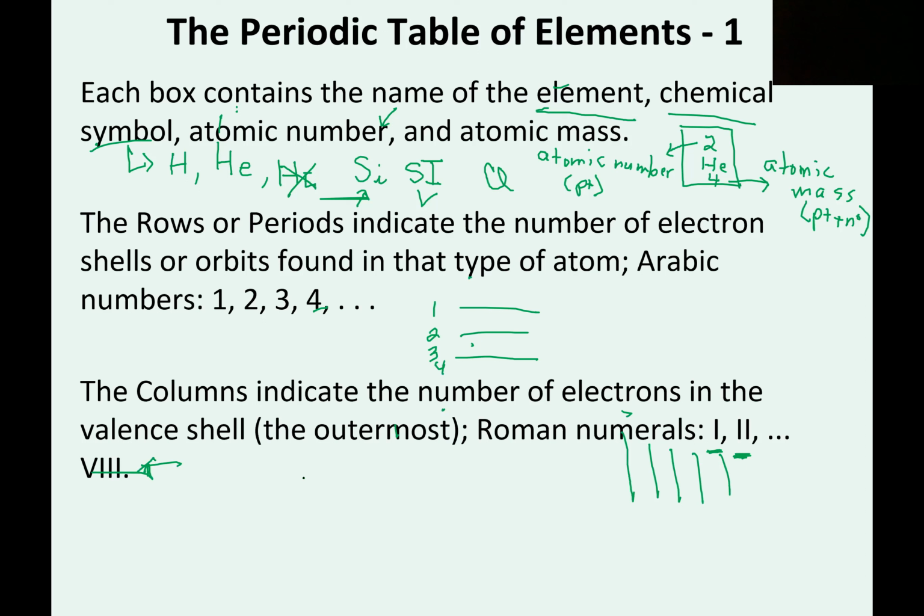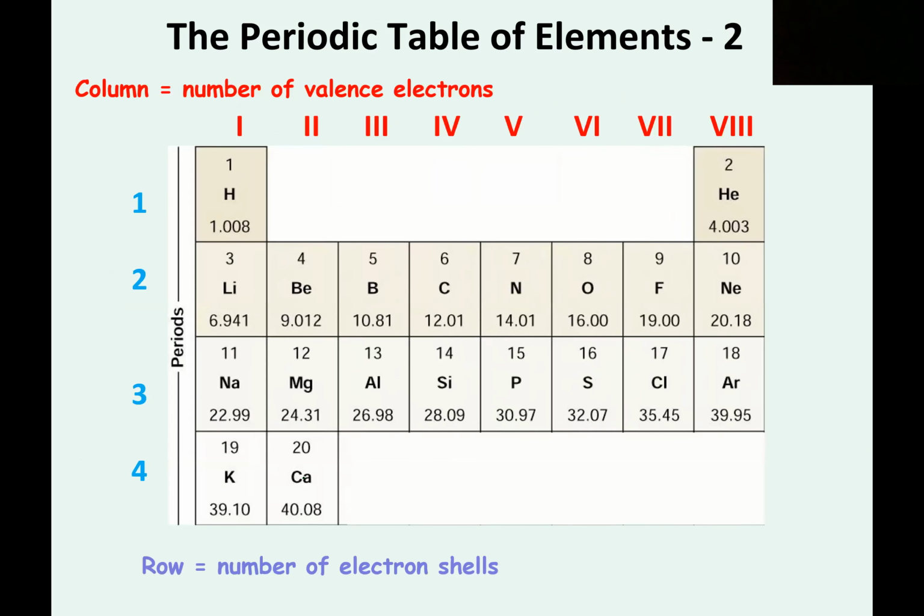All right. So that tells you how many electrons are in the outer shell or valence shell. If you take a look at your little periodic table, you need to add the distinction for column, both the numbers and what column tells you, and you need to add the distinction for rows and what that tells you. So rows is the number of electron shells, and columns is the number of valence electrons.